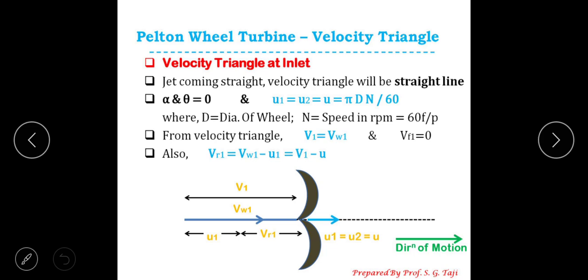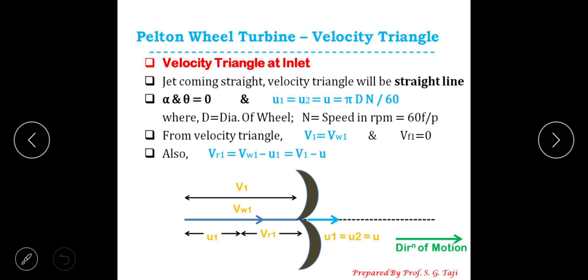At inlet, since the jet is coming straight, the velocity triangle becomes straight. Therefore, V1 is equal to VW1 and VR1 is equal to VW1 minus U1, or V1 minus U. Alpha and theta are equal to 0 at inlet.